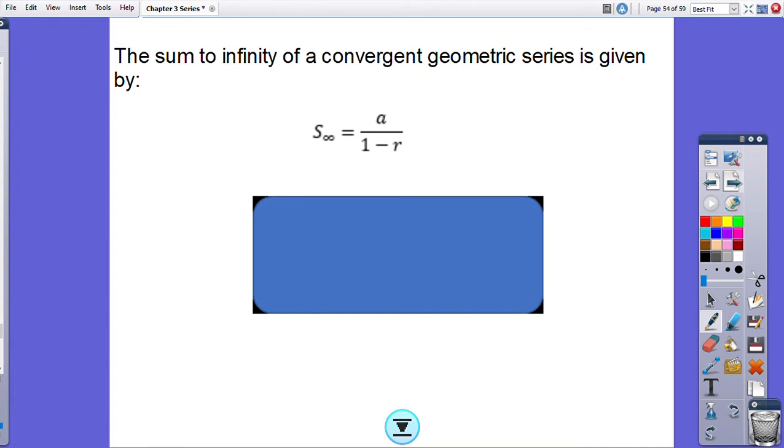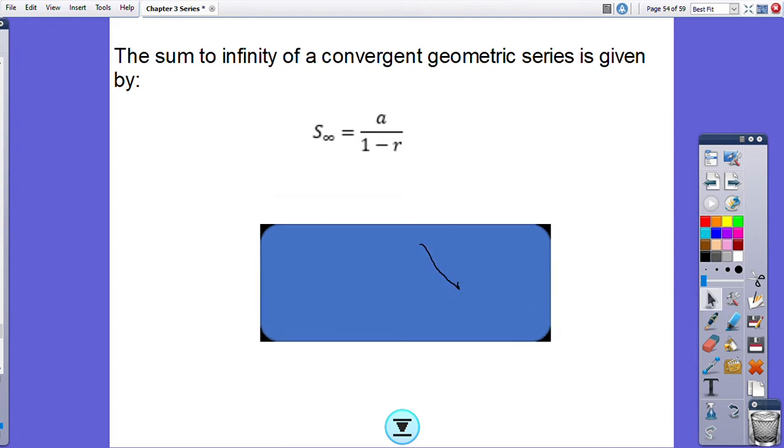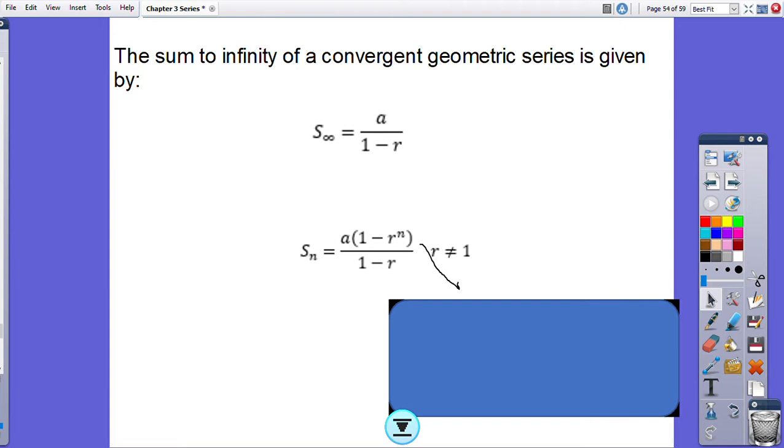Okay, where does it come from? Where does this sum to infinity equals a over 1 minus r come from? Well, it comes from this formula here, the sum of the first n terms.